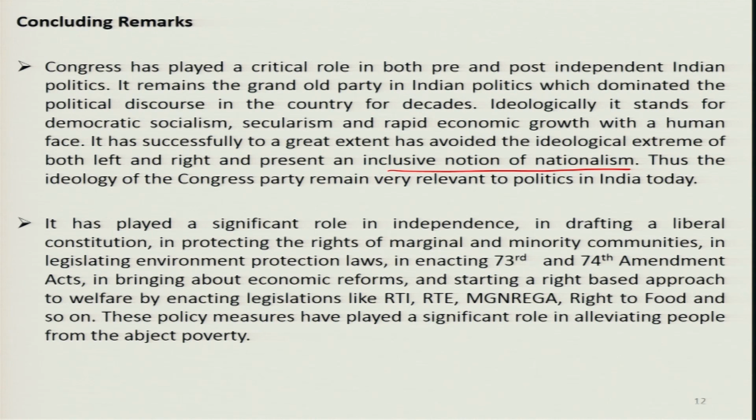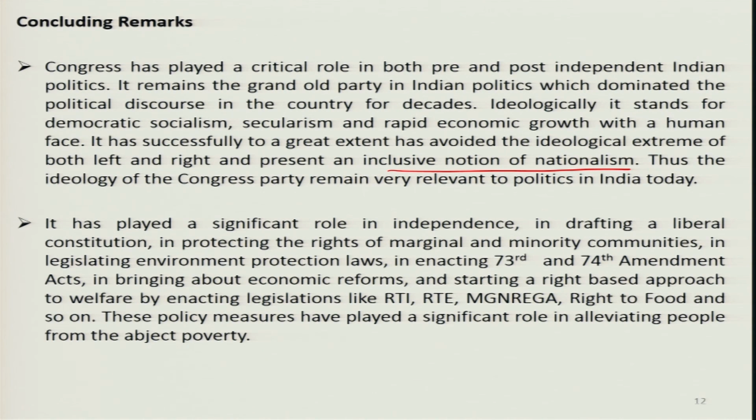Thus, the ideology of the Congress party remains very relevant to the politics in India today, and Congress party has played a significant role in independence, in drafting a liberal constitution, in protecting the rights of marginal and minority communities, in legislating environment protection laws, in enacting 73rd and 74th Amendment Acts, in bringing about economic reforms, and starting a rights based approach to welfare by enacting legislation such as RTI, right to education, MGNREGA, right to food, and so on.